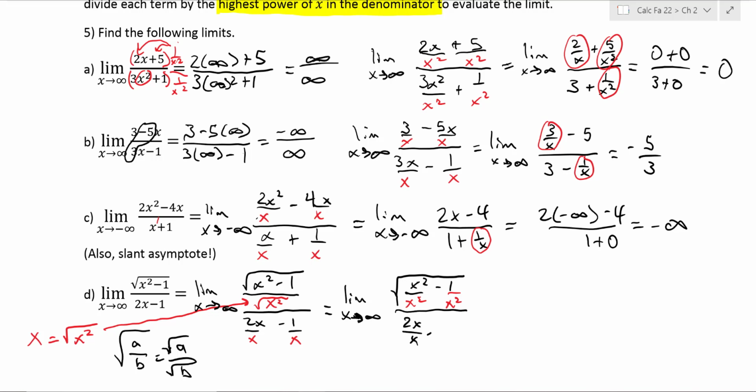So 2x over x minus 1 over x. When we reduce them, we've got our limit as x approaches infinity. Under the square root now, we've got a 1 minus 1 over x squared. In our denominator, we've got a 2 minus 1 over x. Remember that limit can go inside the square root. We're still just going term by term. We end up with the square root of 1 over 2, as the 1 over x squared and 1 over x go to 0, which is just 1/2.